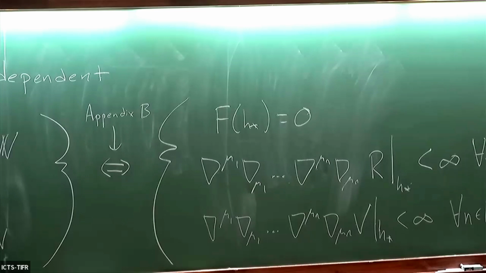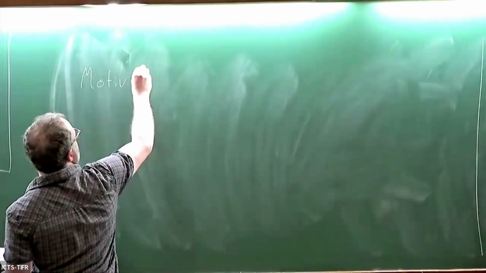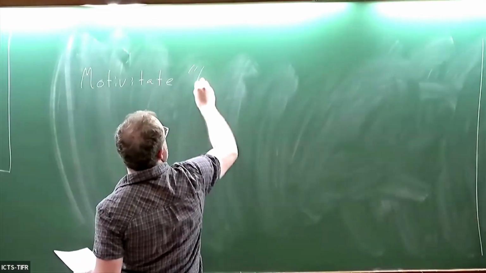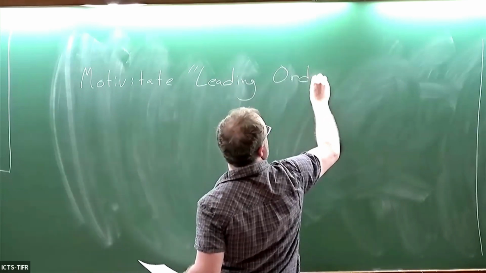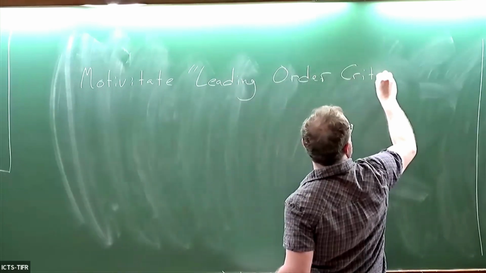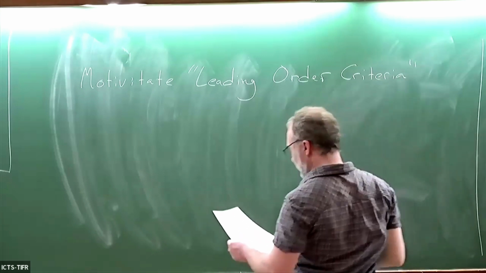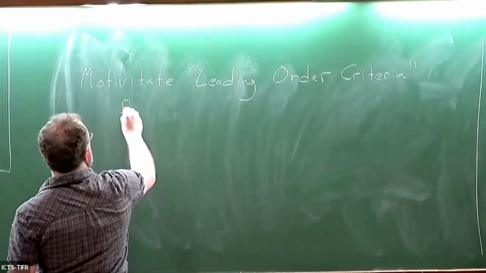And so we conjecture, and then show through example, that most theories we're interested in are probably going to satisfy this. I would say this motivates a leading order criterion for the existence of SMEFT.